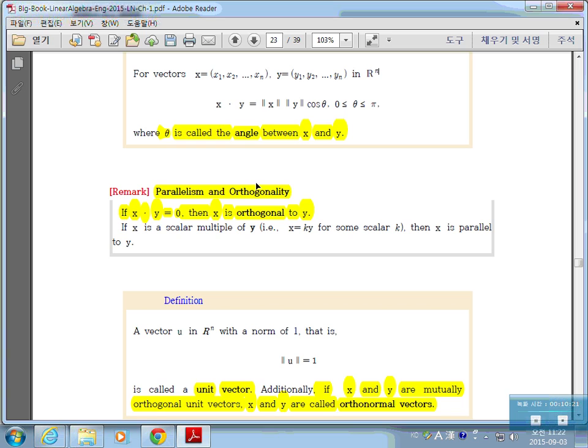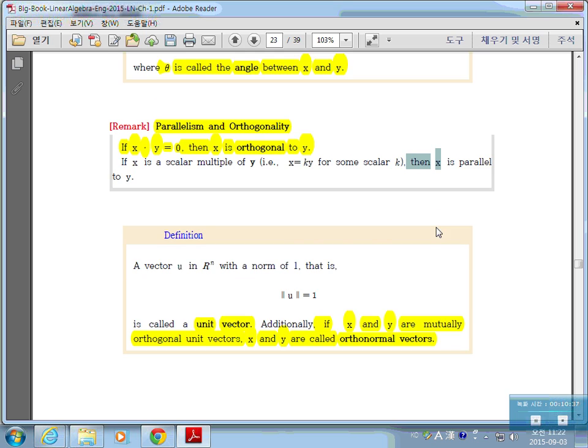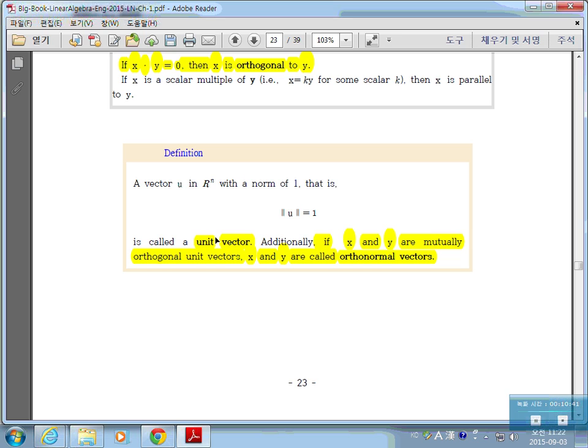Okay. Anyway, this is the definition of orthogonality of two given vectors. If x is a scalar multiple of y, then we call these two vectors parallel. Next, unit vector.